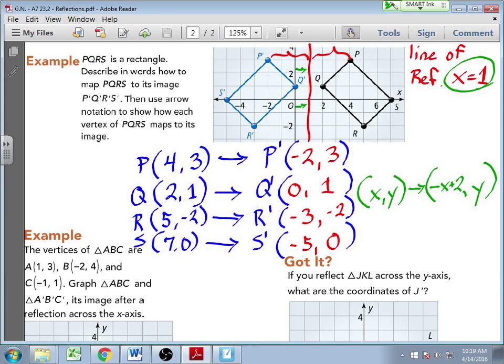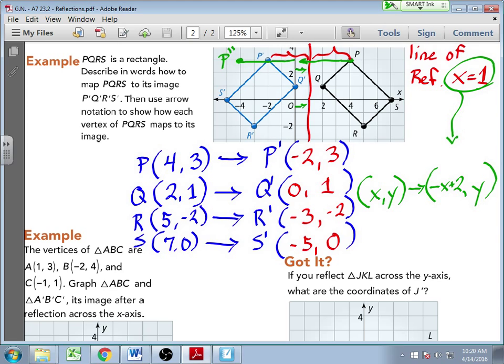If P reflected on the y-axis, 1, 2, 3, 4 to get to the y-axis, it would go 1, 2, 3, 4 away from the axis. So my P prime, and I'm going to call that P double prime right now, if my y-axis was the line of reflection, it'd be way over there. But since my line was x equals 1, the distance from the axis gets doubled.